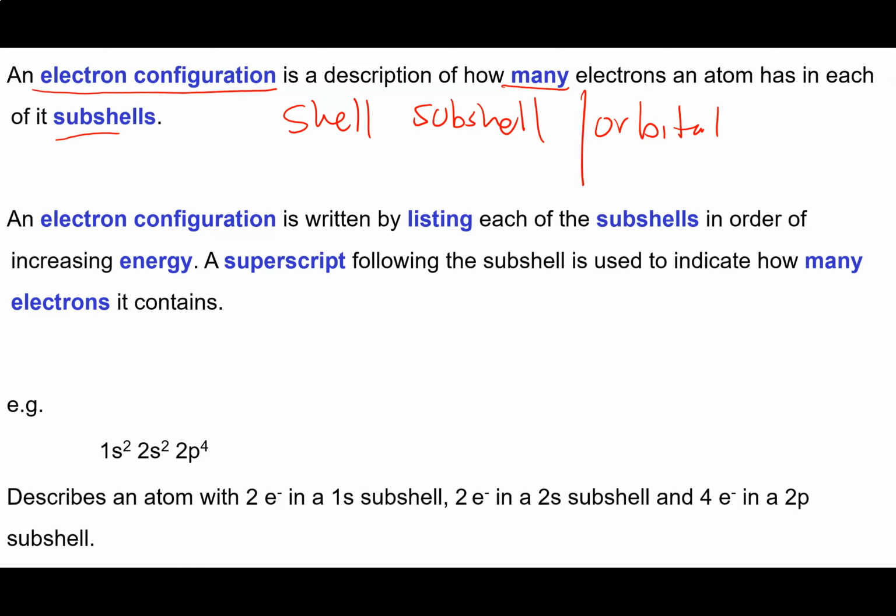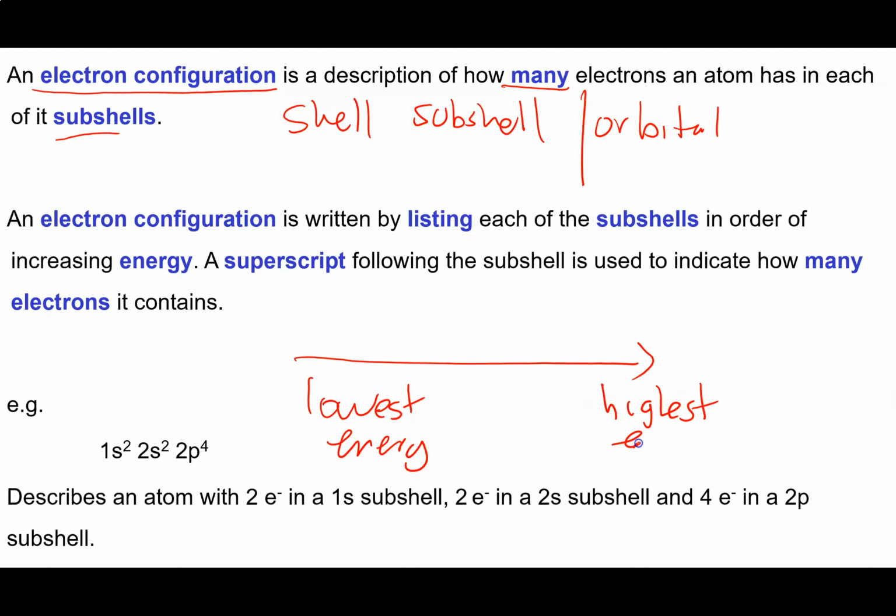And what we're going to do is write out all of the subshells from lowest energy, the ones that are closest to the nucleus, to highest energy, the ones that are furthest away from the nucleus, and we're going to indicate how many electrons are in each of those subshells. So we're writing out each of the subshells in order of increasing energy, and then we're going to add a superscript that's going to indicate how many electrons are contained within each subshell.